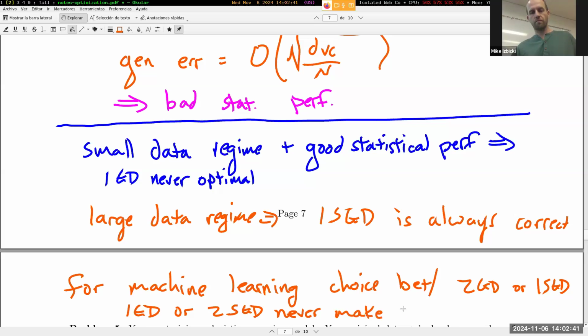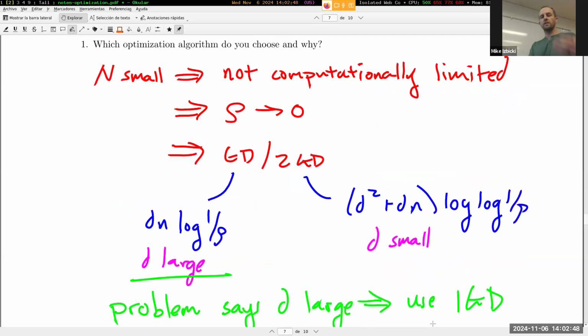So then why did we choose 1 GD earlier? Up here we selected 1 gradient descent, and why is that the case? Computationally, 1 gradient descent is the correct thing to do. It will be the fastest algorithm. But if you are using your statistical reasoning correctly about setting your VC dimension properly, you will never find yourself in the situation where you have a large dimension and a small number of data points.